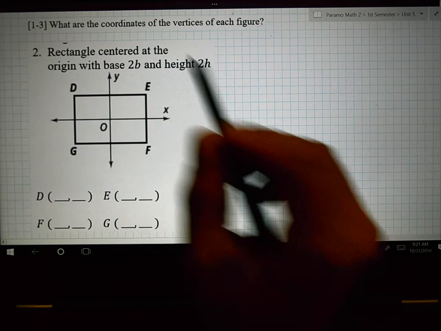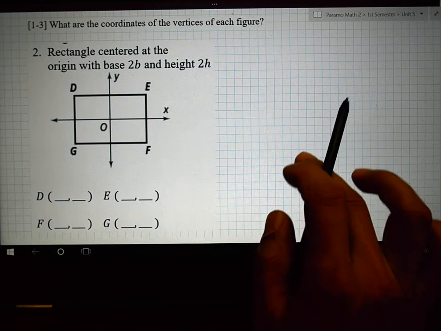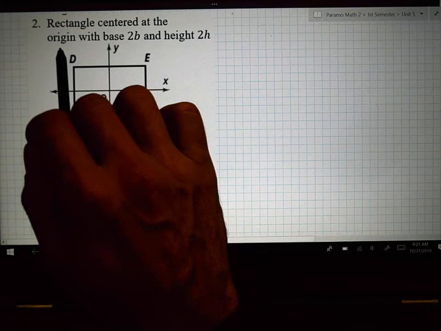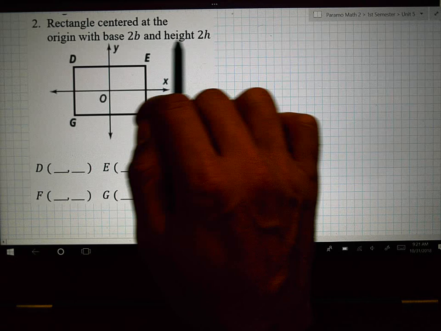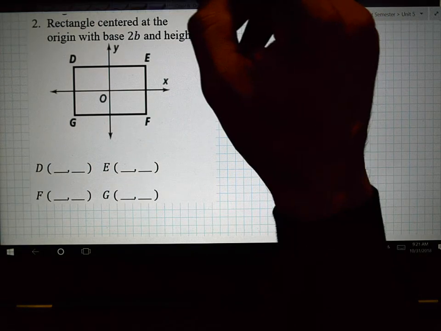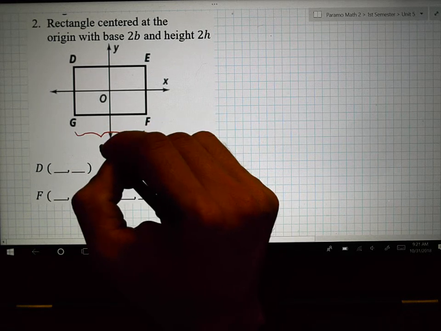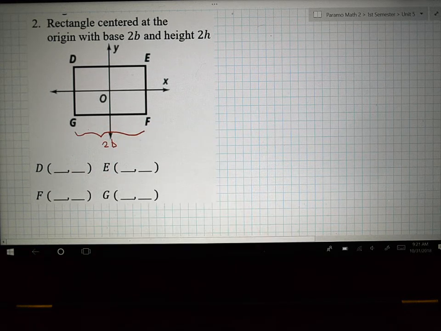The directions for number 2 say, what are the coordinates of the vertices of each figure? This is a rectangle centered at the origin with a base of 2b and a height of 2h. What that means is this base down here from here to here is a distance of 2b.